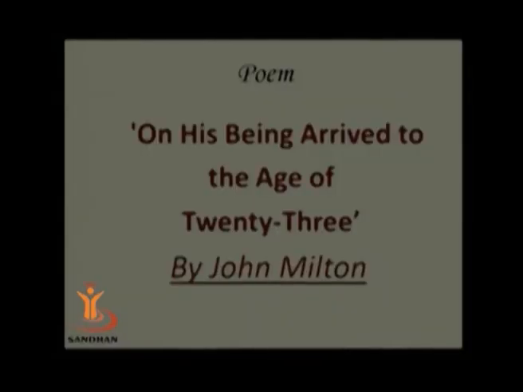on his having arrived at the age of 23, is a poem by John Milton, and today's discussion tells us about the little nuances that are essential for a sonnet. It clearly tells us that a sonnet is not any poem written in 14 lines.